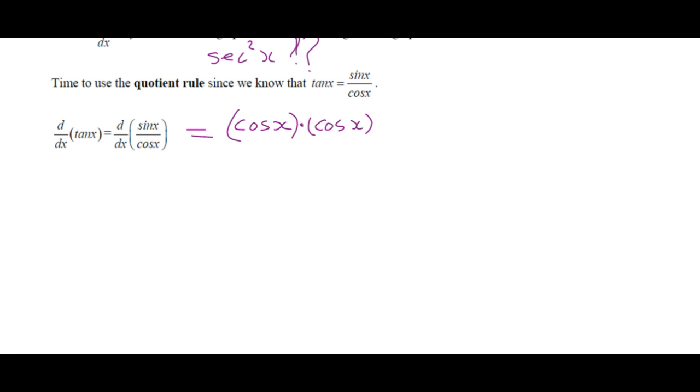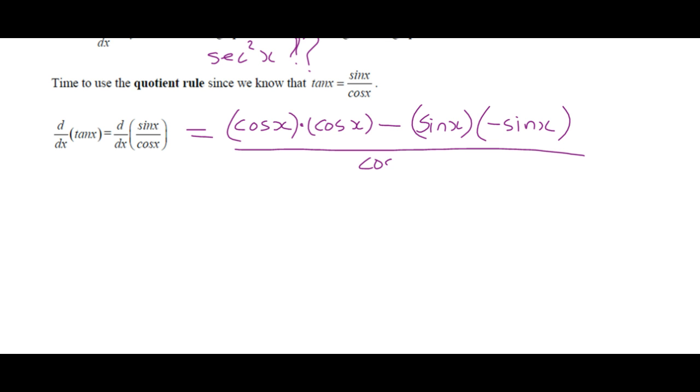So g of x, the denominator, times the derivative of the numerator, minus the numerator times the derivative of the denominator. What's the derivative of cos x? Negative sine x, right? Just finish that. Negative sine x over the square of the denominator, which we will write as cos squared x.